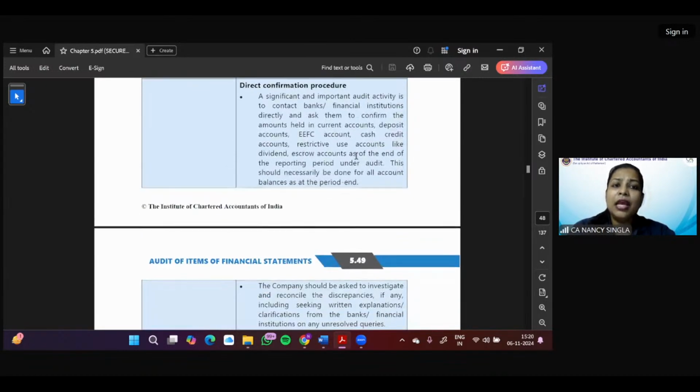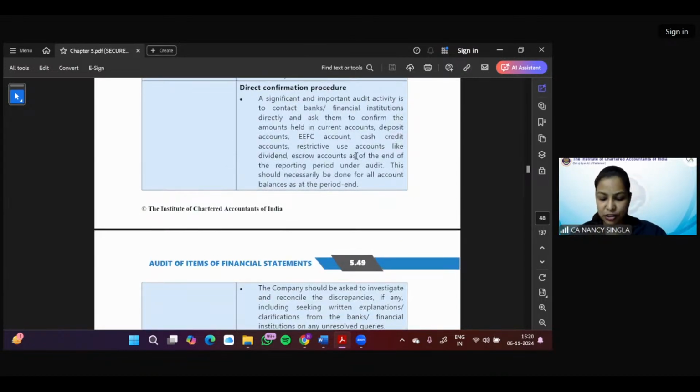Simple. Now, with respect to direct confirmation procedures, students, we have done direct confirmation procedures in detail when we were doing what? The verification with respect to trade receivables also. So quickly let us just look as to what are the direct confirmation procedures with respect to the cash and cash equivalents. So auditor will contact all the banks and financial institutions directly, and he will ask for confirmation of the balances with respect to all the accounts, right?